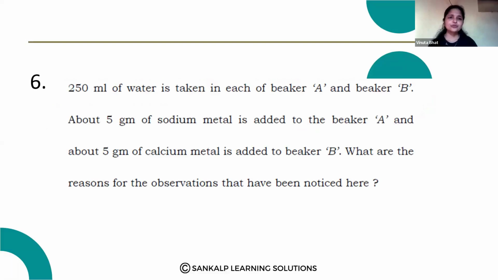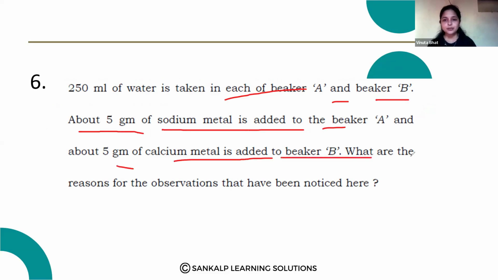Next question. 250 ml of water is taken in each of beaker A and beaker B. About 5 gram of sodium metal is added to beaker A and 5 gram of calcium metal is added to beaker B. What are the reasons for the observations that you have noticed here?